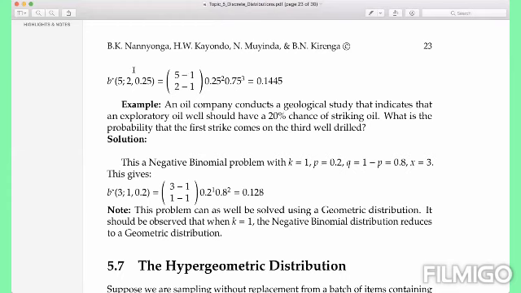Sometimes we denote the negative binomial using B star in most of the books. That's because this is a negative binomial. It's not the usual binomial. And now if you look at this problem, because this needs the first success, it could as well have been looked at as geometric. That's why we say that when k is 1, the problem is closed. In fact, it is a geometric.